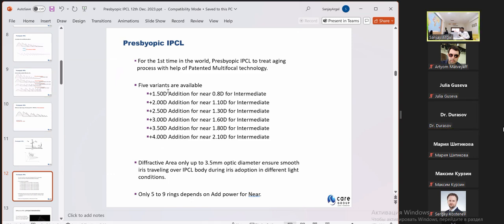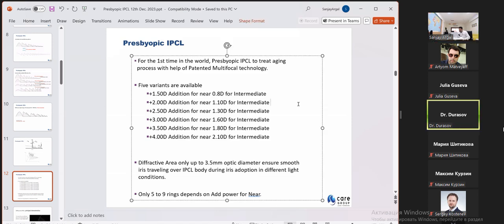The first variant is 1.5 addition for near and 0.8 diopter for intermediate. For a young presbyopic patient, he can go for 1.5 diopter near and 0.8 for intermediate. The next variant is +2 for near and 1.1 diopter for intermediate.